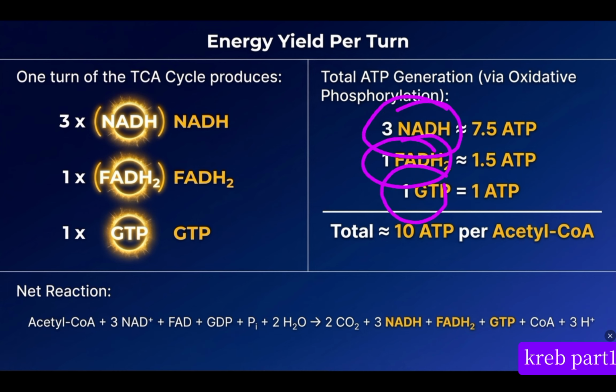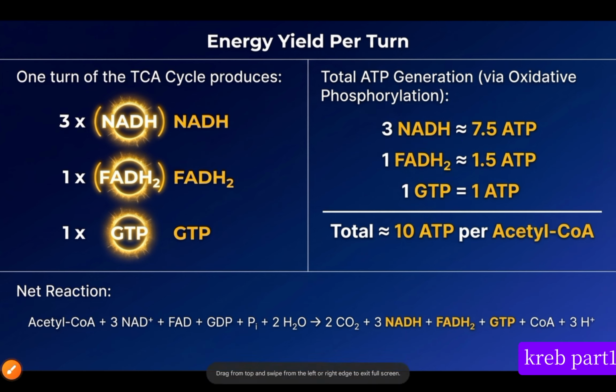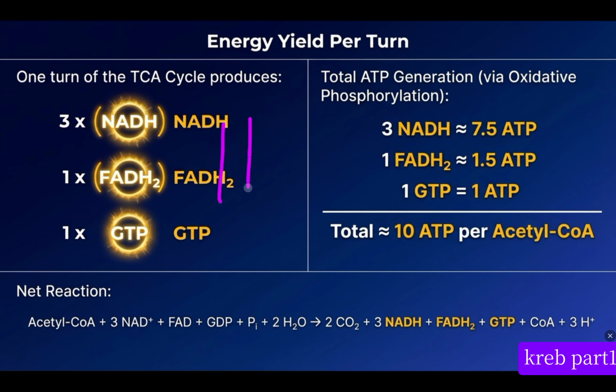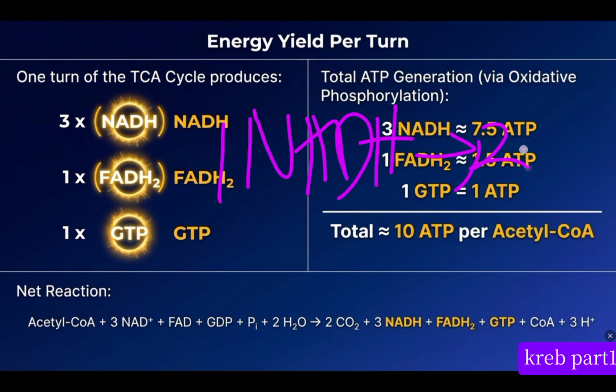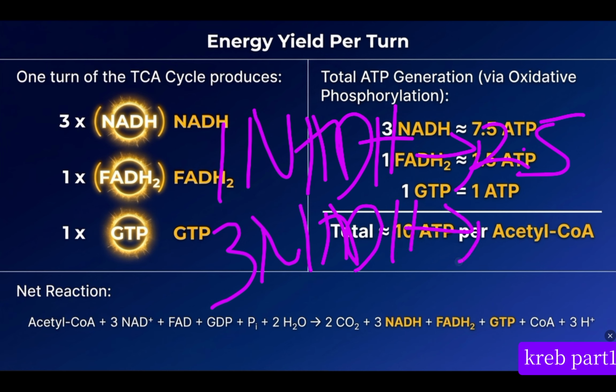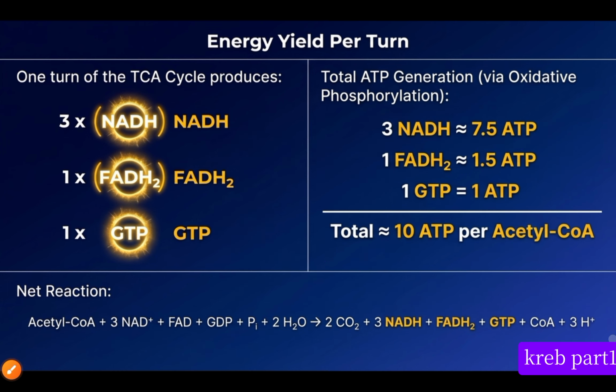So now let's go to the calculation. If 1 NADH will yield 2.5 ATP, therefore 3 NADH will yield what? X. So when you cross multiply, X times 1 is X, and 3 times 2.5 is 7.5. So therefore 3 NADH is equivalent to what? 7.5.